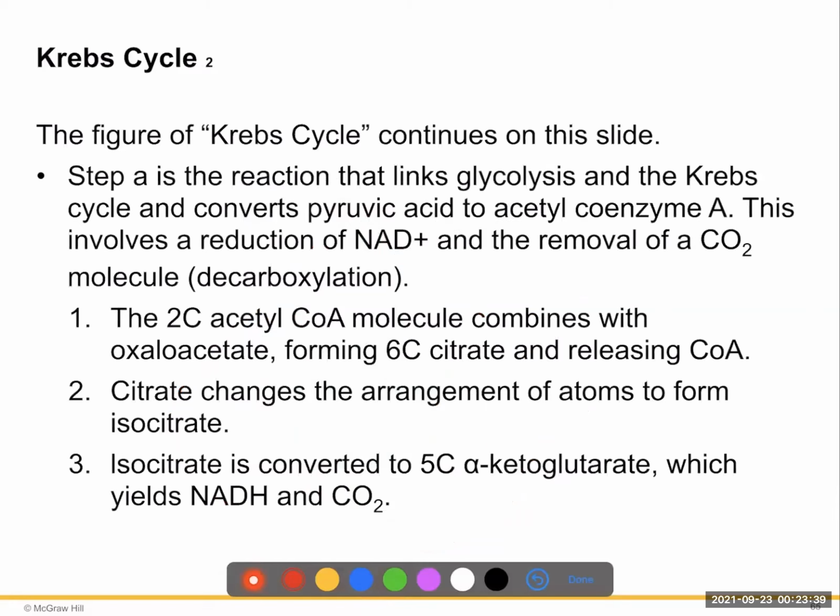Okay. So the reaction that links glycolysis and the Krebs cycle converts pyruvic acid to acetyl coenzyme A, involves reduction of NAD plus to NADH, and the removal of CO2. So now you've got acetyl coenzyme A, which is 2 carbons, having lost the 3rd one. We reduced NAD plus, combined with oxaloacetate, and it forms 6-carbon citrate.